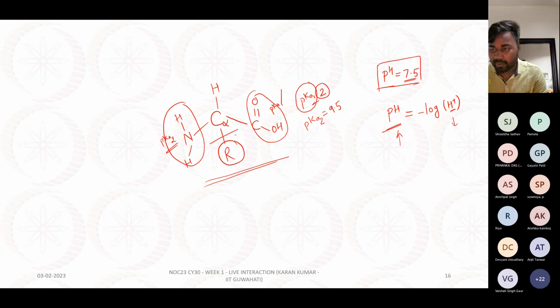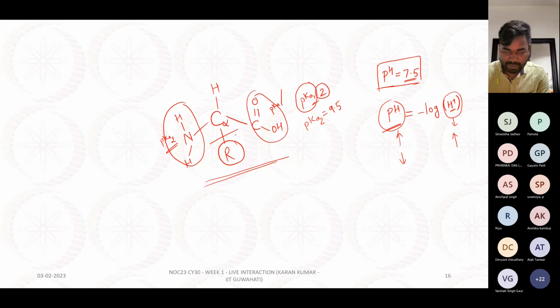So it is inversely proportional. At higher pH, the concentration of H plus is low, and similarly at lower pH, the concentration of H plus will be higher.